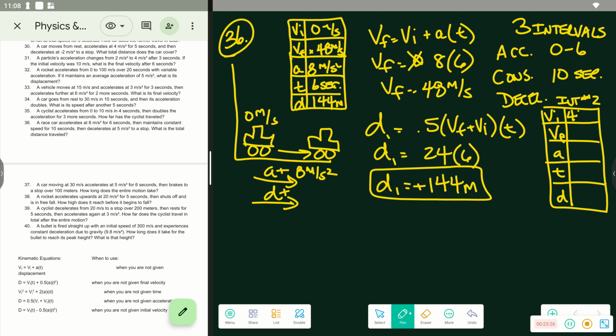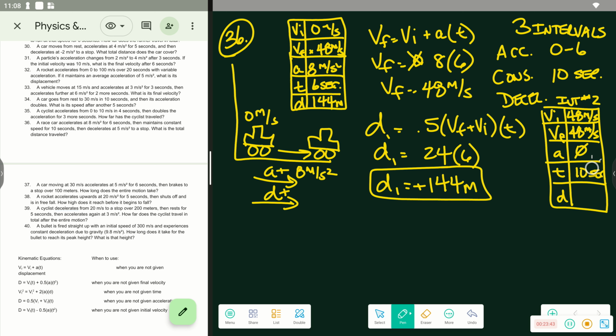What's your final velocity? It's 48. What's your acceleration? It's 0 because it's constant. And your time is 10 seconds.